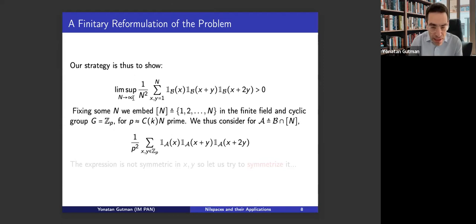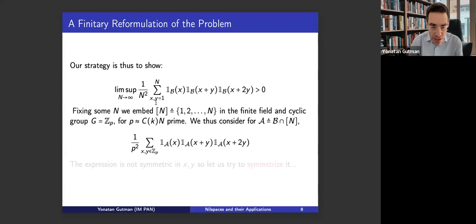Now it's common in this area to embed the first n integers in a cyclic group Z_P, where P is some multiple of n. This is useful because then we have a field, so we can divide. So we just consider the following problem.